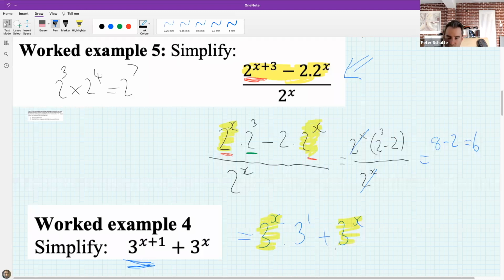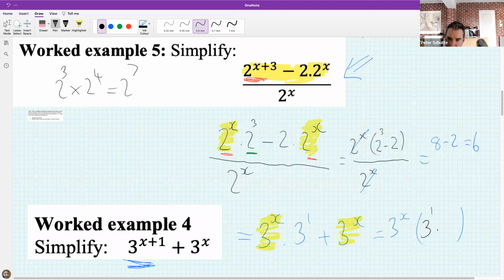See if you can get the answer from here. So what did we do above? We found the common factor and we took it out. And we ask ourselves, what is going on inside the bracket?